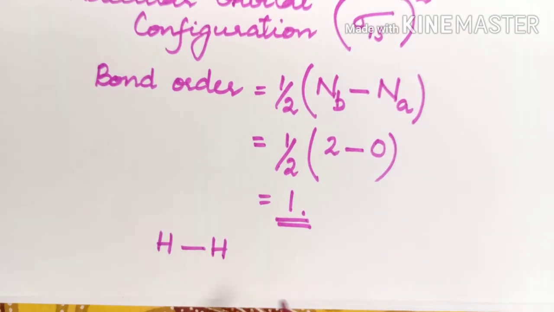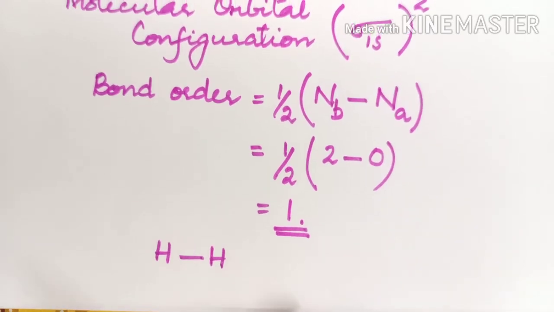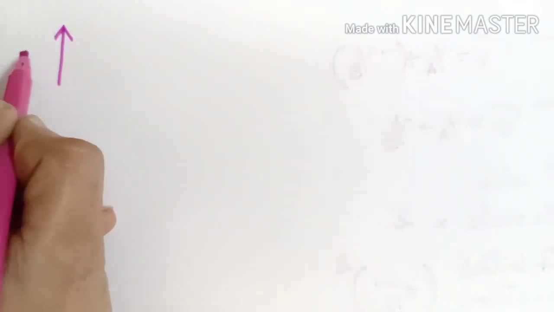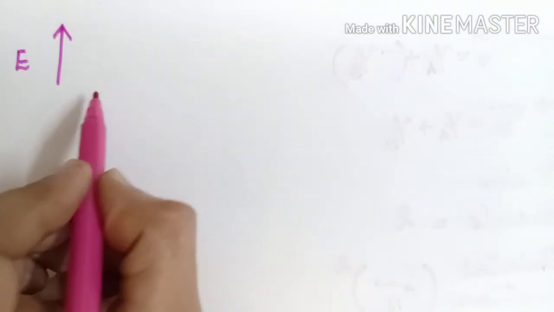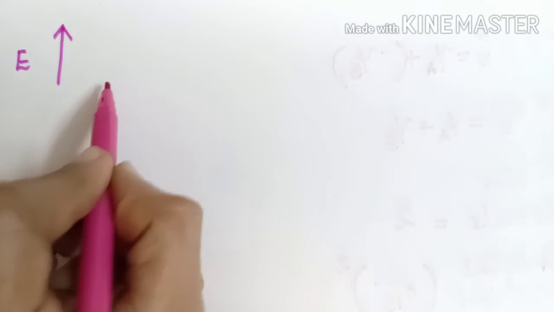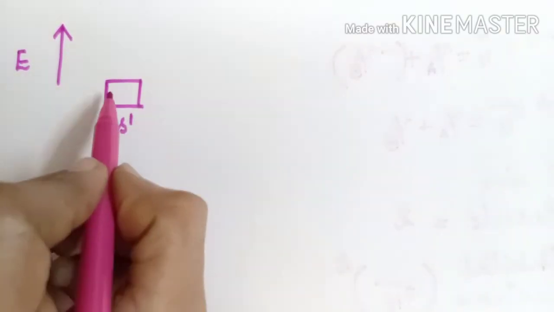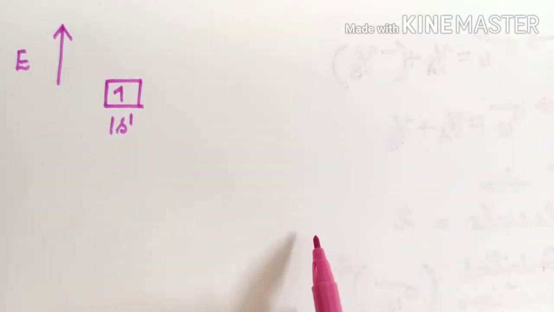Now we shall check the molecular orbital diagram for this. We are going to represent the energy level diagram for the molecule hydrogen. So first of all, this is the way in which the energy increases. Now if you take the first atom has 1s1 configuration. Here you have 1 electron left.